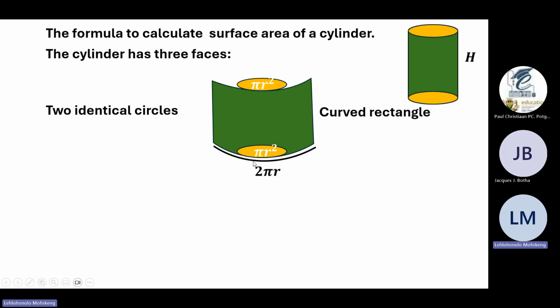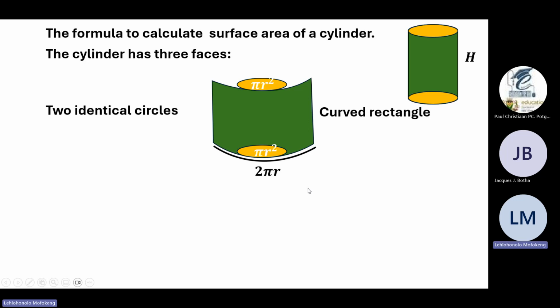I've even indicated here, this is the length of the rectangle. So in order to calculate the circumference of the cycle, you will have 2 pi r. So this length will be 2 pi r.